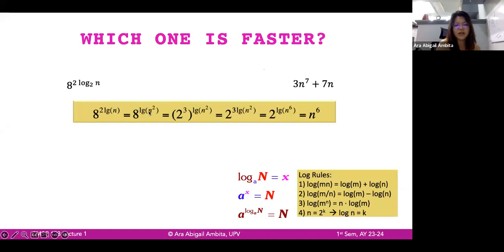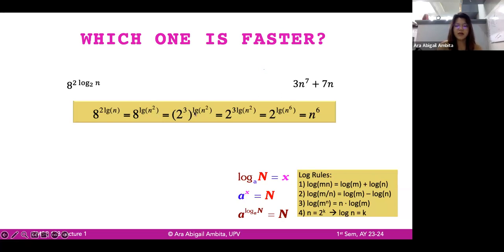So we then have log of n raised to 2. So this 2 here, essentially, was raised as an exponent. Okay, and then we already have this. Then we can further simplify it. The 8 may be converted into 2 raised to 3 because they are equivalent.